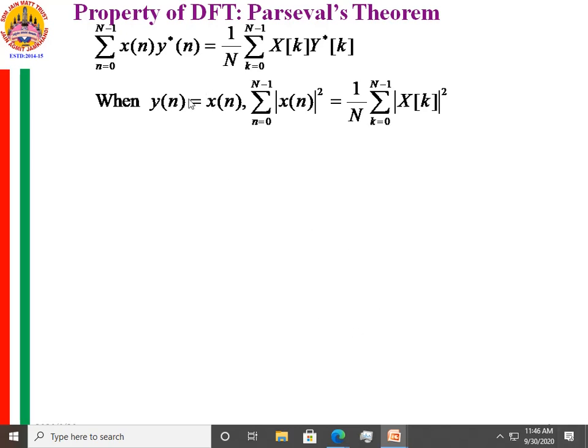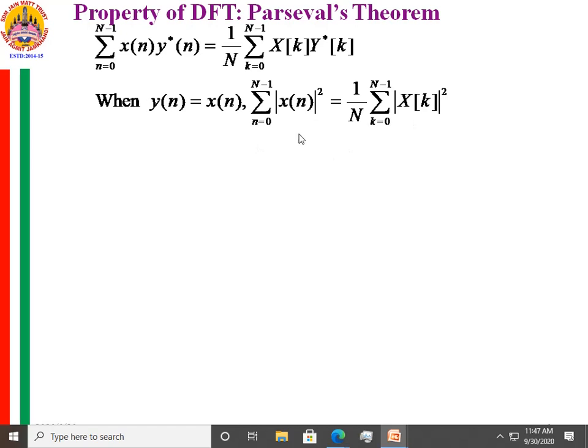Therefore whether you have x(n) or a conjugate of x(n), the magnitude of both is the magnitude of x(n), so we write it as magnitude of x(n) square. Same for the right hand side: X(k) into conjugate of X(k) can be written as magnitude of X(k) square.